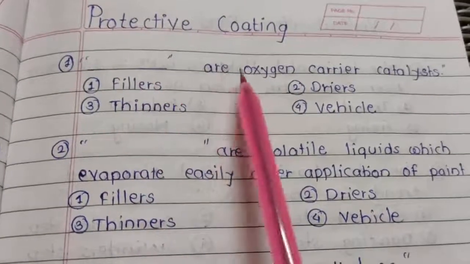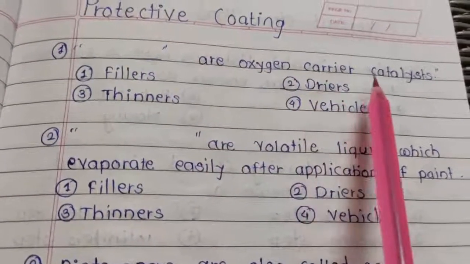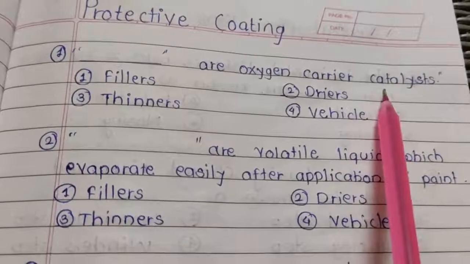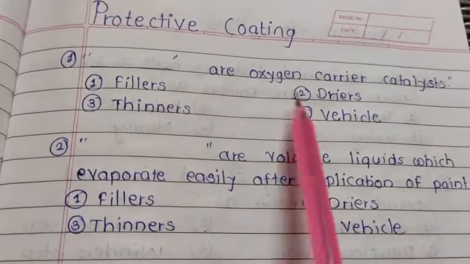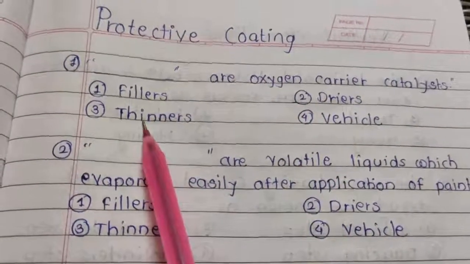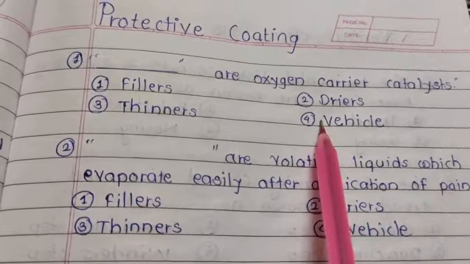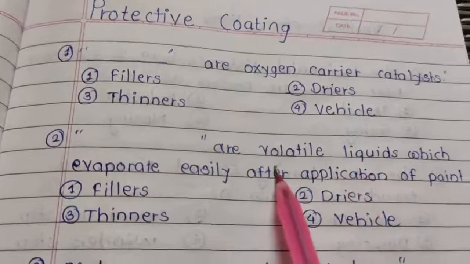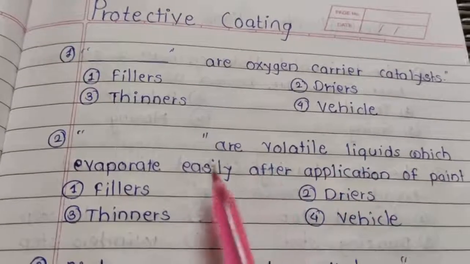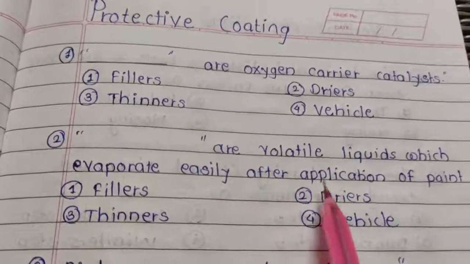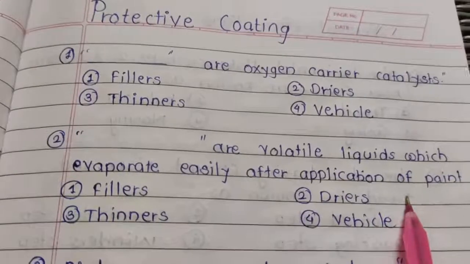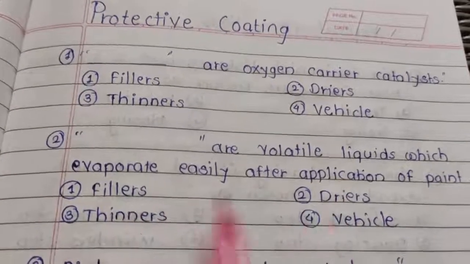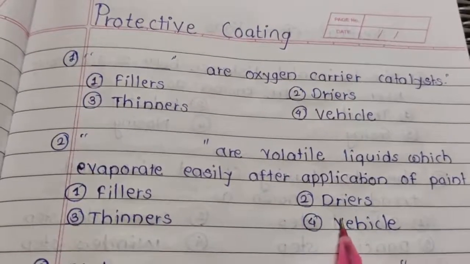Dash dash are oxygen carried: catalyst, fillers, dryers, thinners, vehicle. Answer is dryers. Dash dash are volatile liquids which evaporate easily after application of a paint: fillers, dryers, thinners, vehicle.